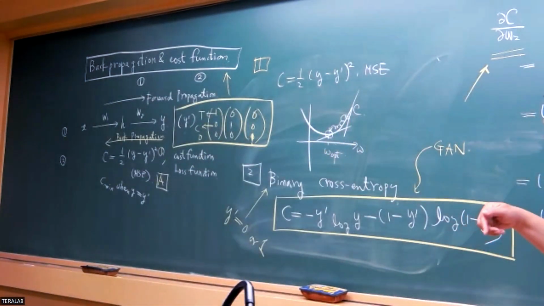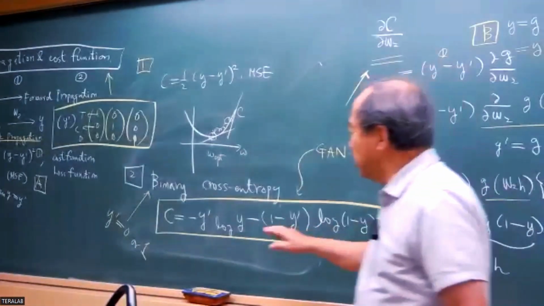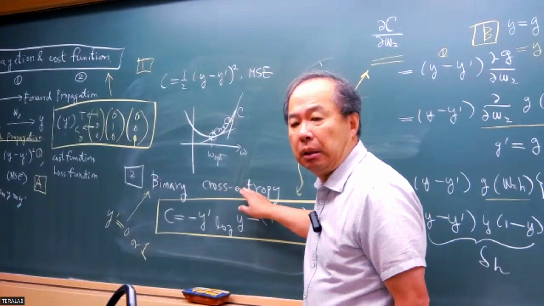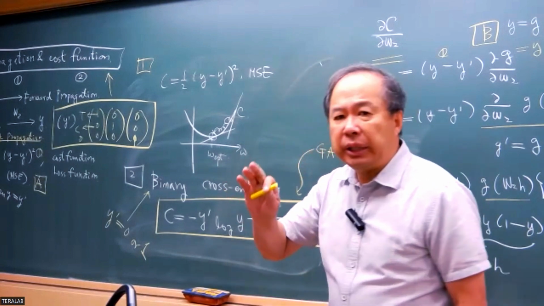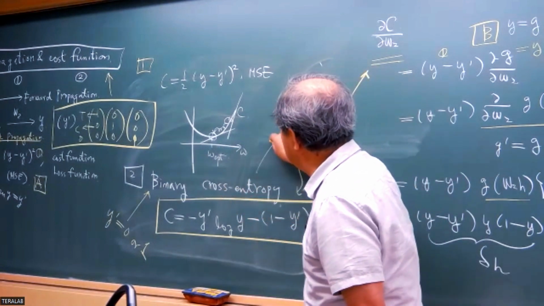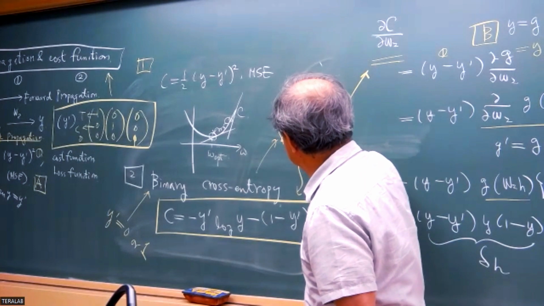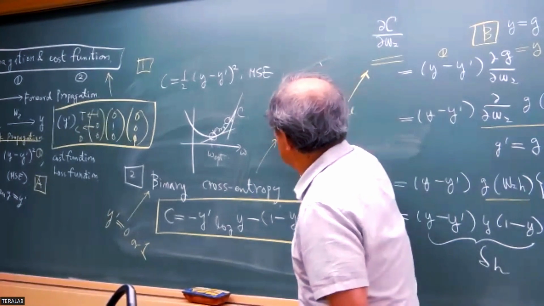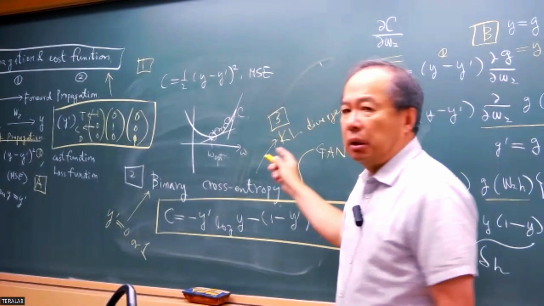In this class today, I'm not going to go into the details about the meaning of cross entropy. And in other cases of generative AI, they are using KL divergence as a cost function.